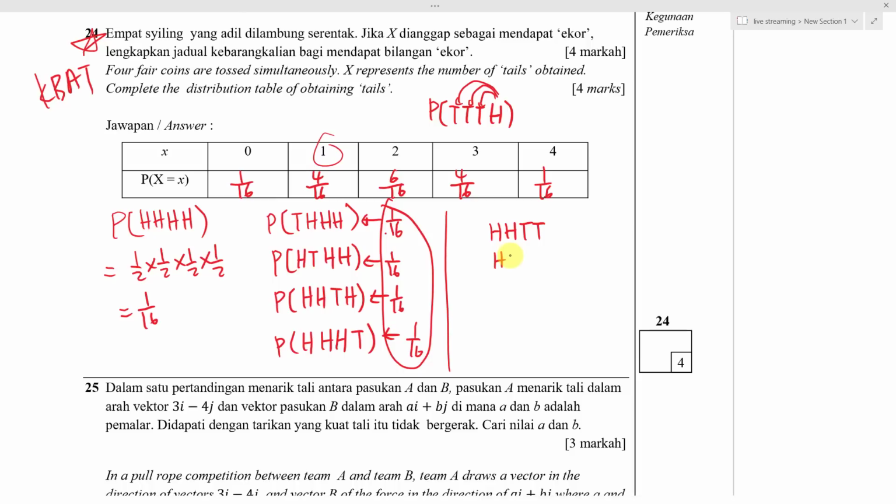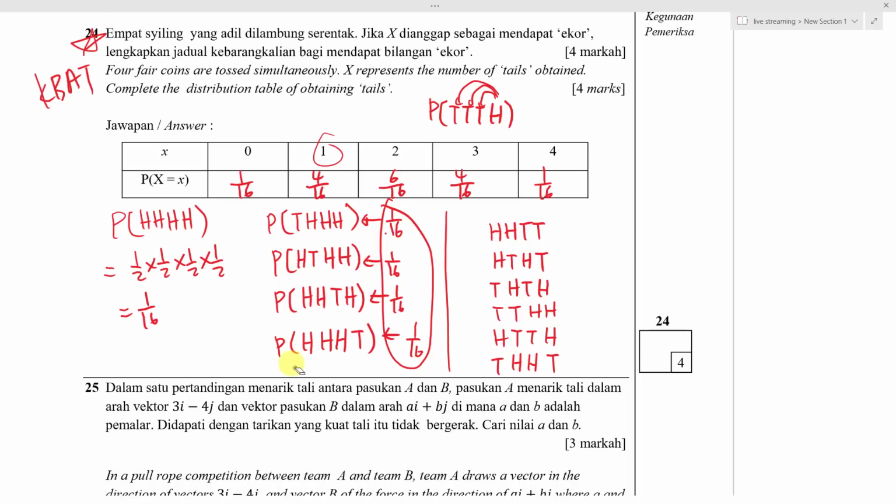That means 4 numbers, I choose 2. But you can just arrange slowly. THT, then you have THTH, and then you have TTHH, and then you have HTTH, and then you have THHT. So you have 6 of them, right? So it's 6 over 16.